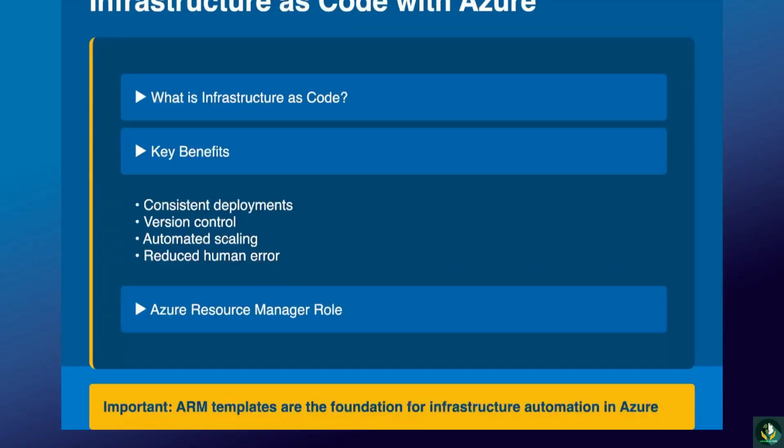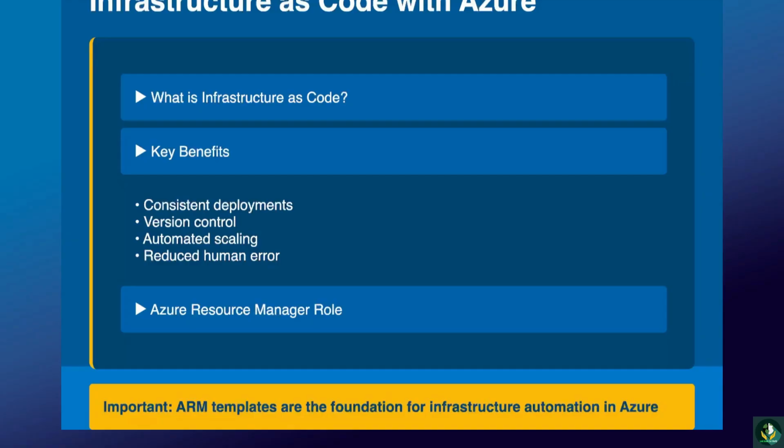First off, consistent configurations. You eliminate manual errors by defining infrastructure in reusable, version-controlled code. Then improved scalability. You easily replicate environments for testing, staging, and production. Of course, faster deployment, because you automate resource provisioning and reduce deployment times.